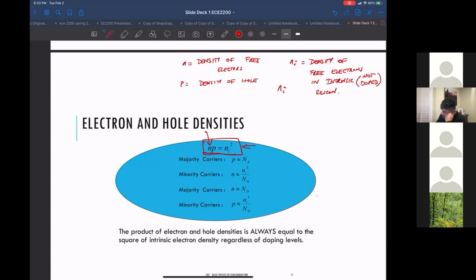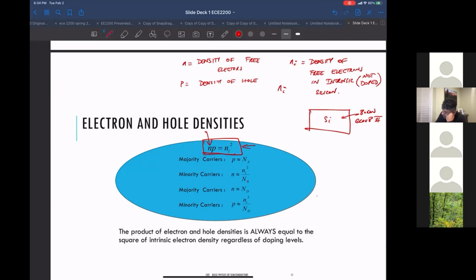Okay, so let's say we dope a piece of silicon, and we put a bunch of boron in here, a bunch of group 3 elements. So we end up with a bunch of extra holes.